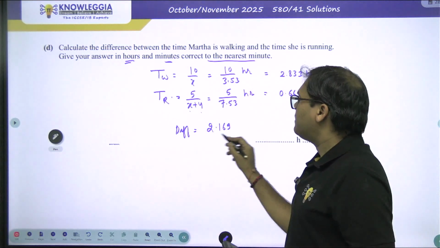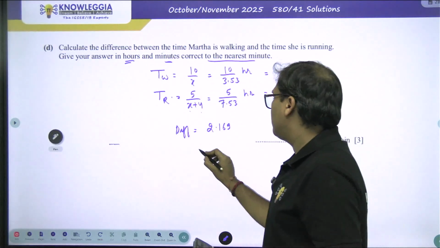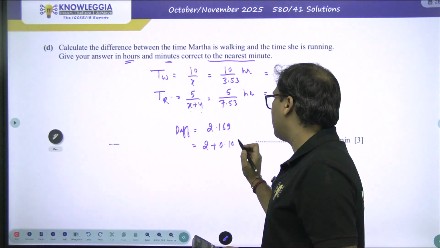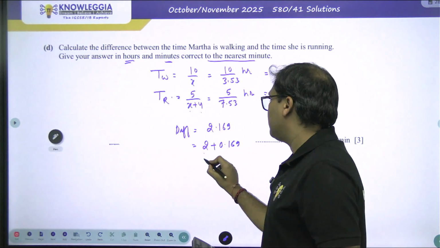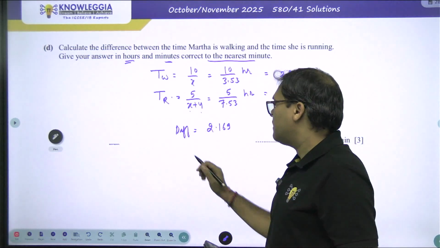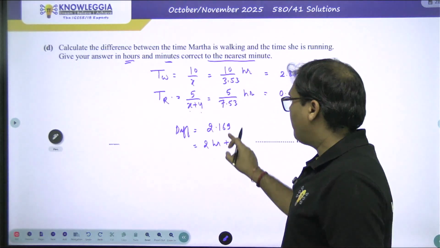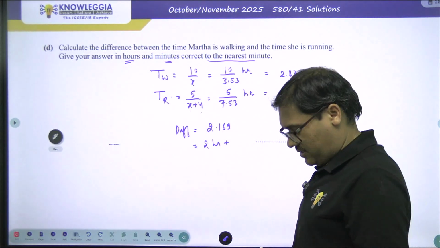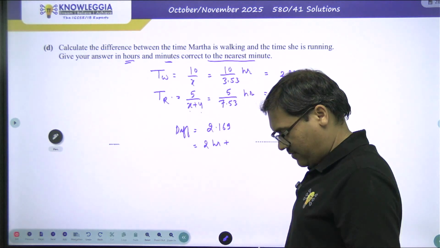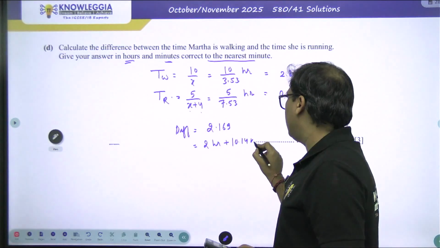Now this we have to write in hours and minutes, and you have to write the answer to the nearest minute. So obviously this is 2 hours plus 0.169 hours, and I'll multiply with 60 to get minutes. 0.169 multiplied with 60 is equal to 10.14 minutes.